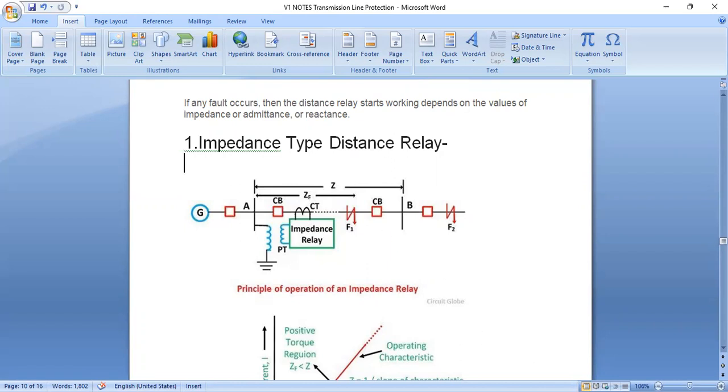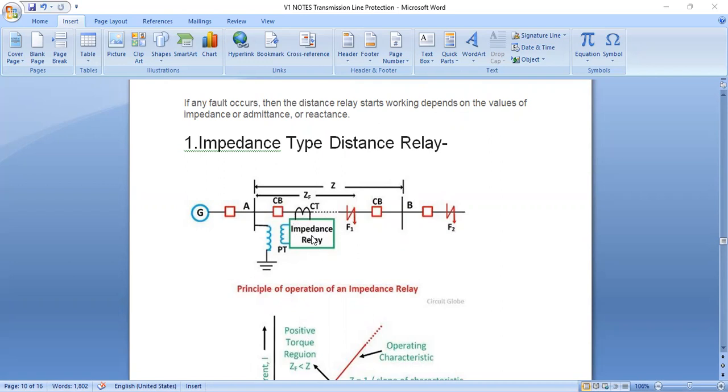So the definition: the relay whose working depends upon the distance between the relay position and the impedance of the faulty section is called an impedance relay or distance relay.